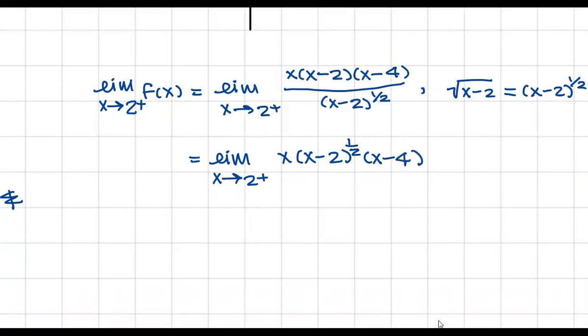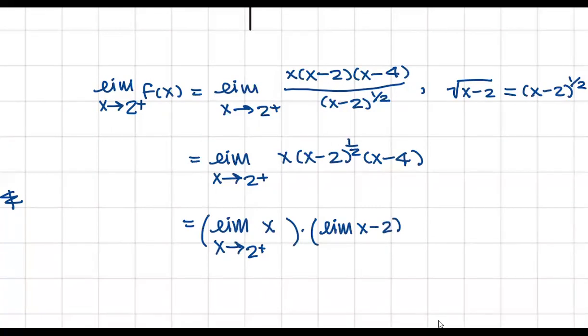We can use our limit laws here, and we get the limit as x approaches 2 from the right of x, times the limit as x approaches 2 from the right of x minus 2 to the 1/2, times the limit as x approaches 2 from the right of x minus 4, all together.